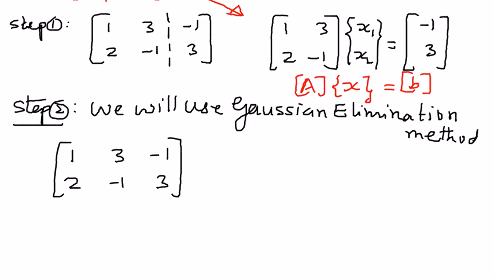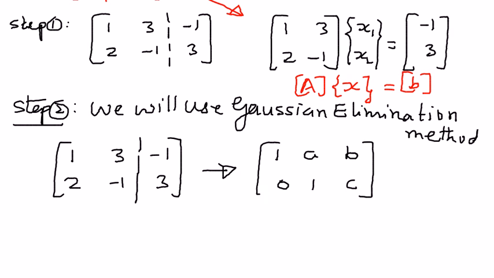In this augmented matrix, we are interested in obtaining a matrix on the left hand side which has ones in the major diagonal, like this: 1, A, B, and then 0, 1, C. This is how we want it.